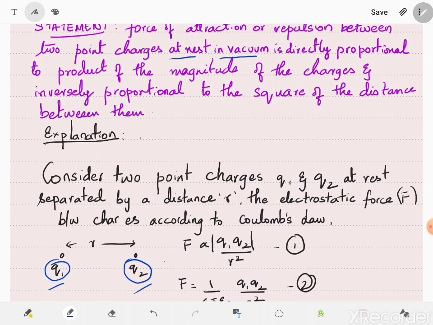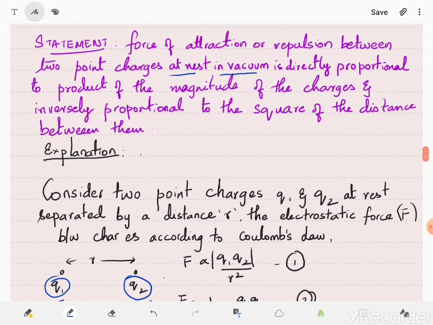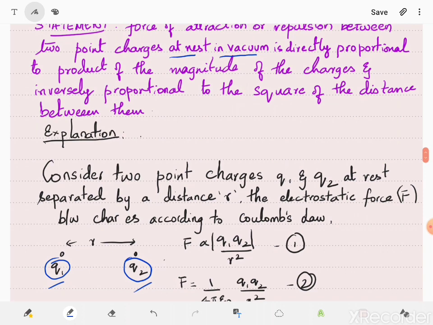According to Coulomb's law, the force of attraction or repulsion between two charges is given by the product of magnitude of two charges, and is inversely proportional to square of the distance between them. As you can see, Coulomb's law is quite reminiscent of Newton's law of gravitation, which you've already studied in class 11. The expression for Newton's law of gravitation was as follows: F is equal to G m1 m2 by r square, right?